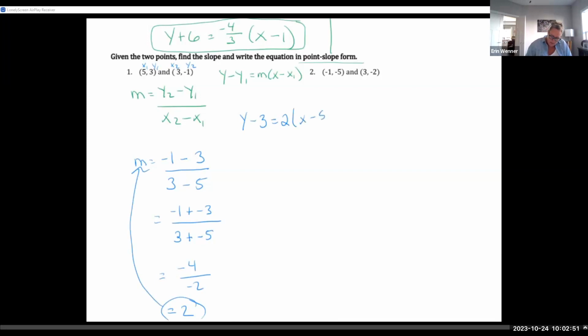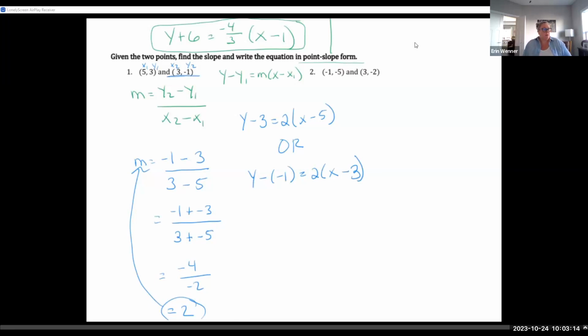Or I can also write y minus a -1 equals 2 times x minus 3. I can use that second ordered pair in order to write my second equation. So both of them are going to be valid.